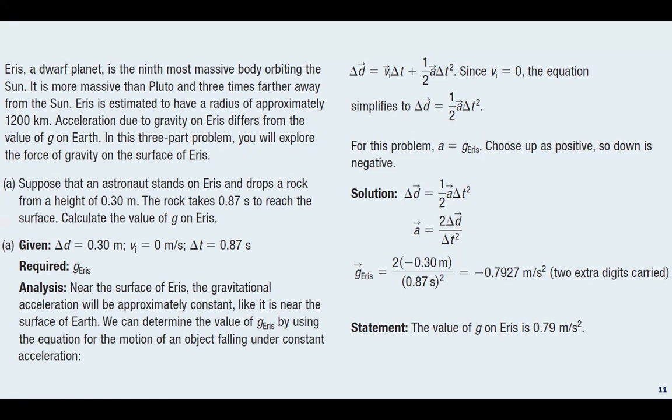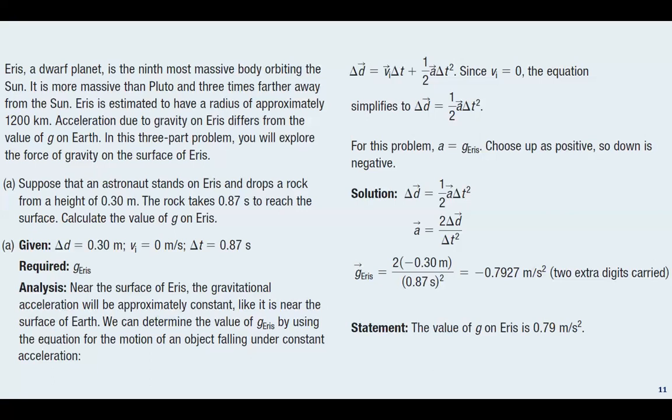Near the surface of Eris, the gravitational acceleration will be approximately constant, like it is near the surface of Earth. We can determine the value of g_Eris by using the equation for the motion of an object falling under constant acceleration: delta d equals v_i delta t plus 1/2 times the acceleration times delta t squared.